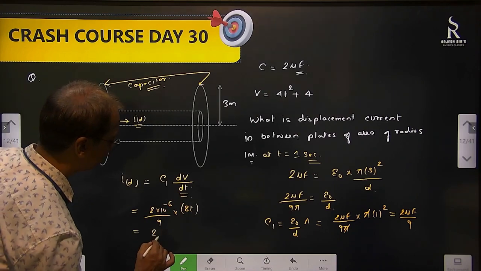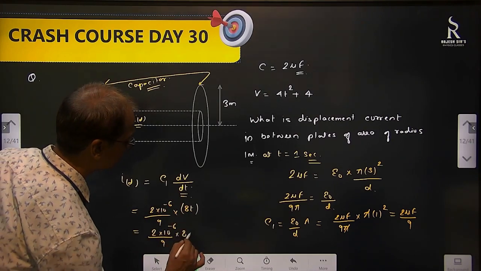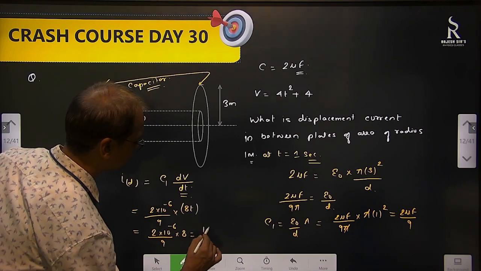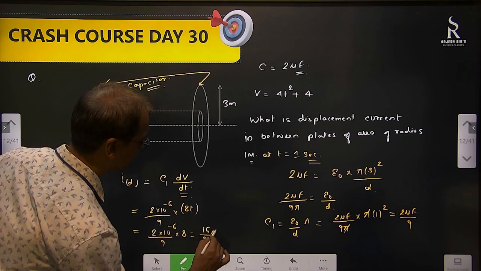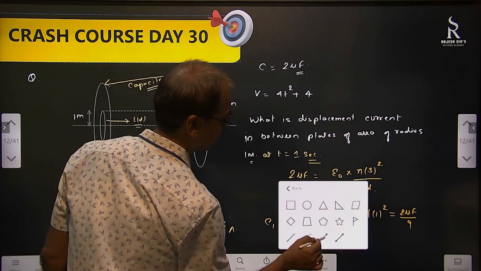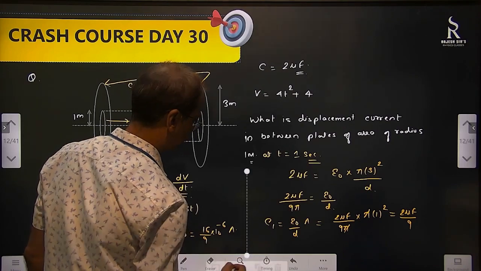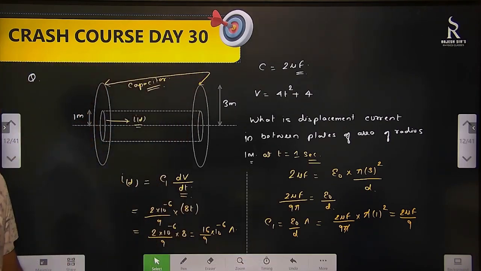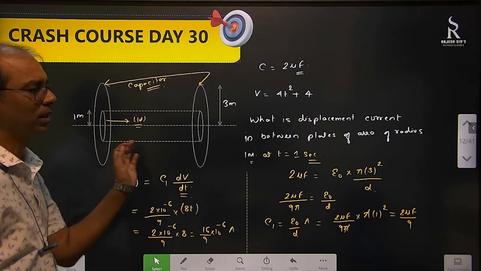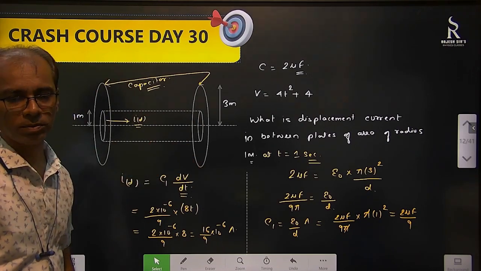So 2 into 10 to the power minus 6 by 9 into 8. That's all. So this will come to 16 by 9 into 10 to the power minus 6. This is the displacement current you have. So any type of question asked, you can do it. Simple concept, but yes, questions are asked on displacement current.